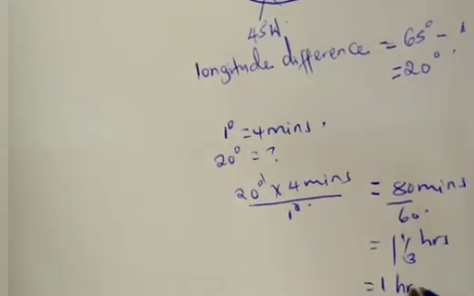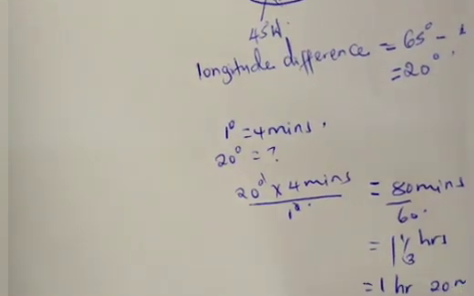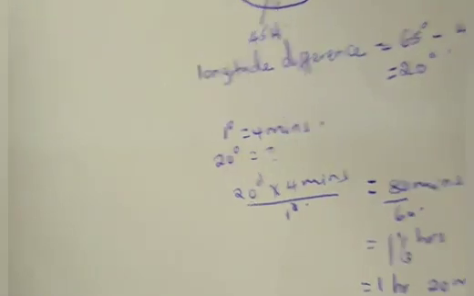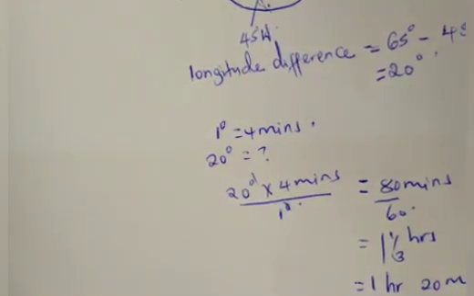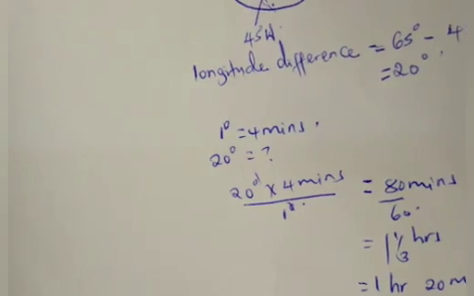So 1 hour 20 minutes. So the Earth will take 1 hour 20 minutes to rotate 20 degrees, or to cover 20 degrees.